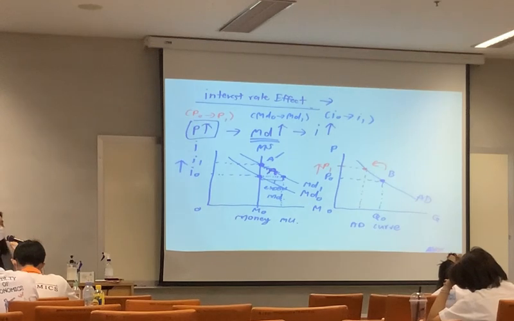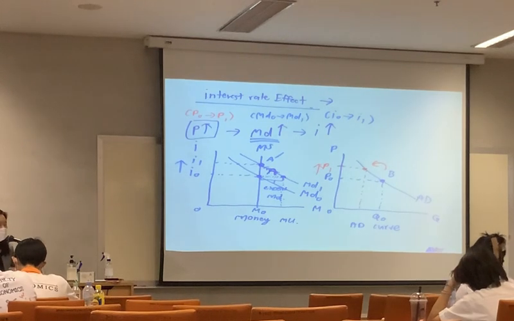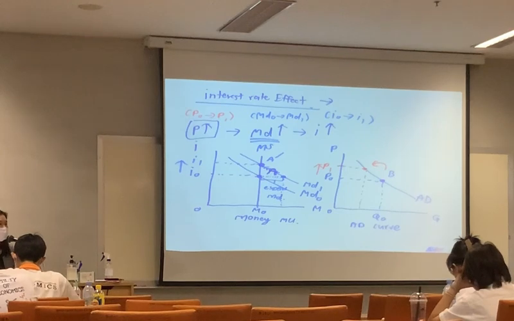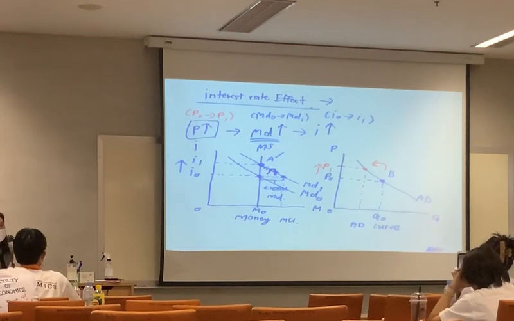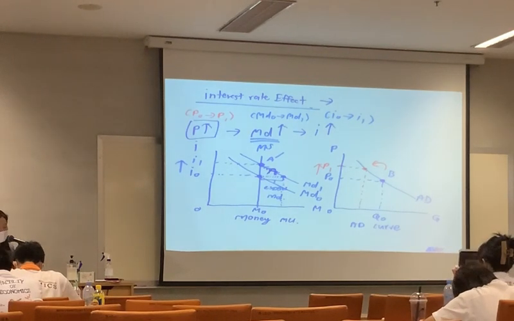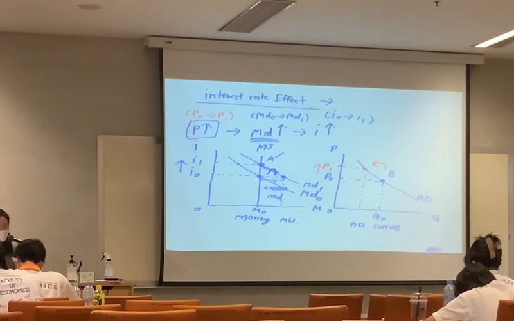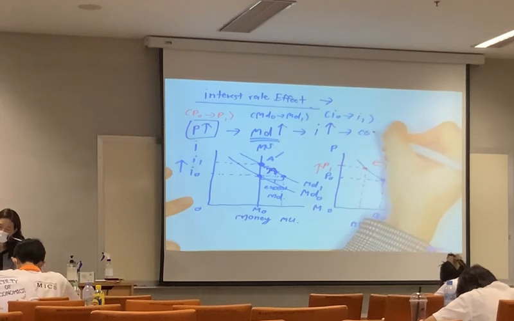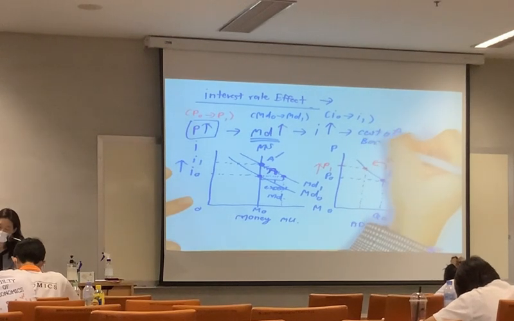In fact, I just explained the interest rate effect as usual, but here I bring you more graphs. Before, I couldn't draw the graph for you because you hadn't learned what MD, MS, and the money market were. So interest rate increases, and it makes you have more cost of borrowing.